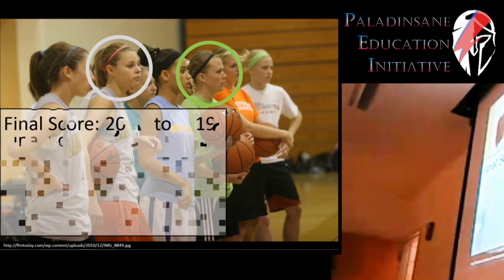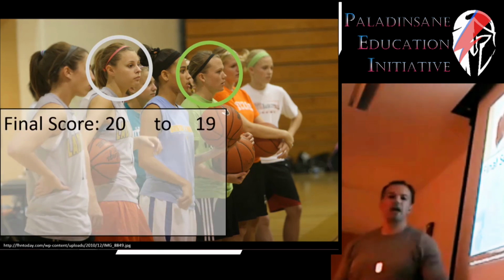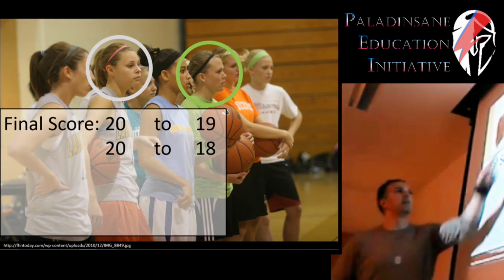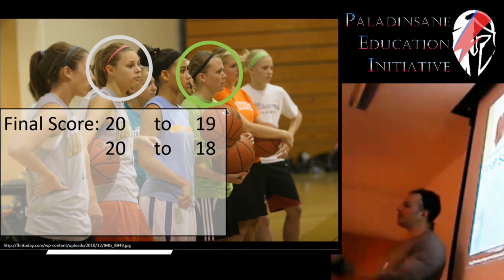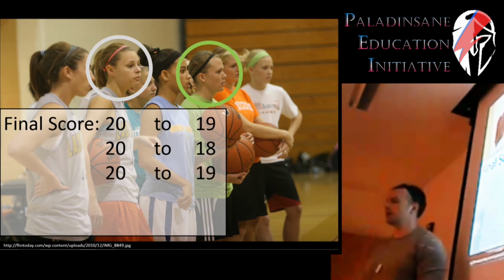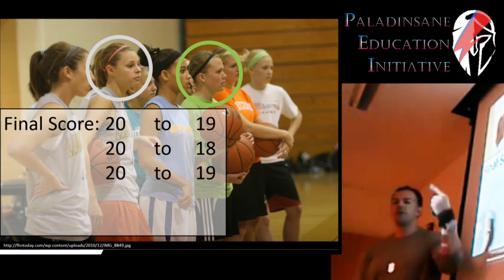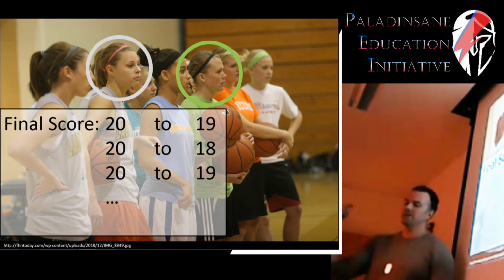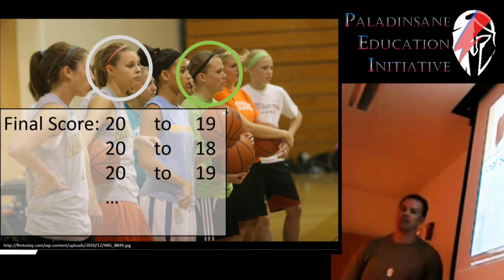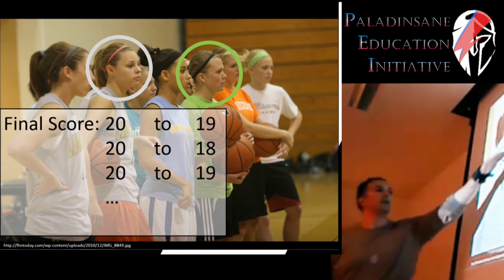On the first game, this girl wins 20-19. Second game, this girl wins 20-18. Once again, small little difference. Third game, she once again wins 20-19. Fourth game, she wins 20-18. Fifth game, 20-17. Sixth game, 20-19. Seventh game, 20-18. You keep going.